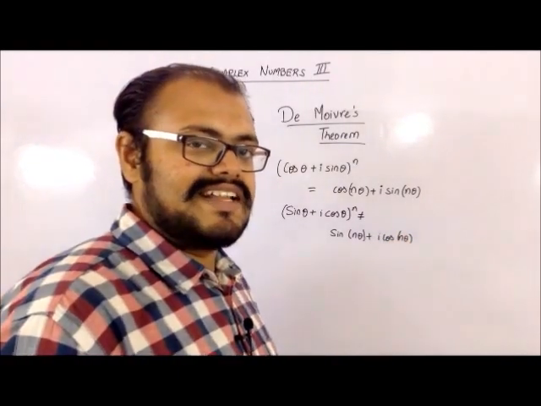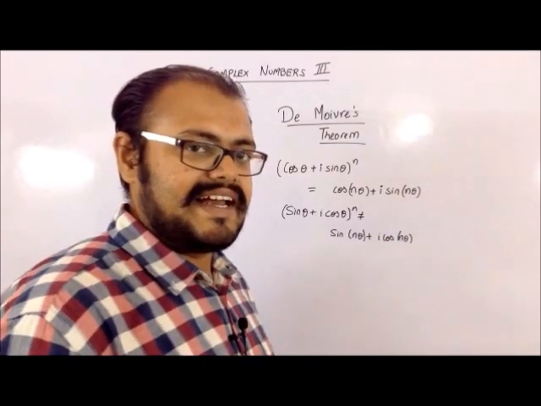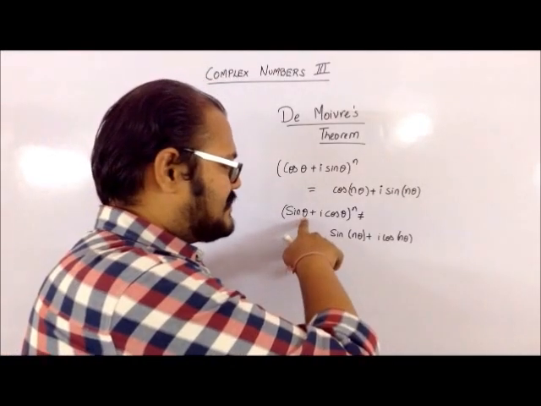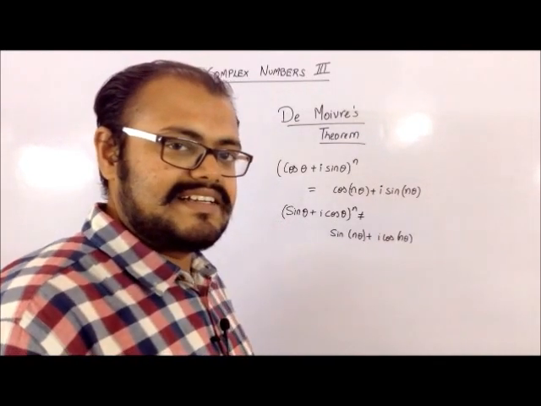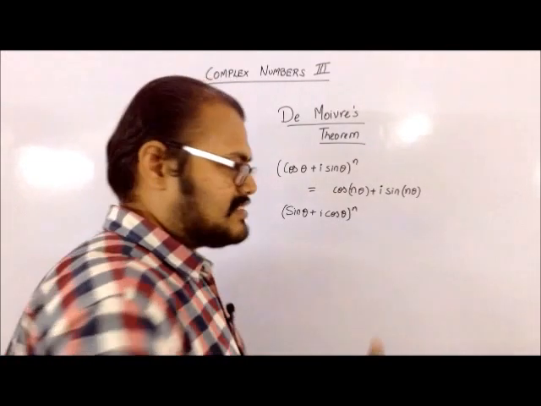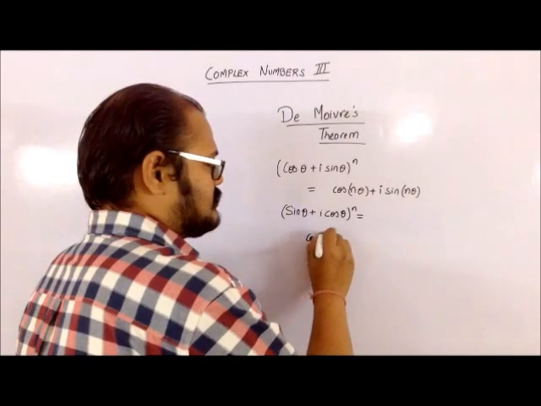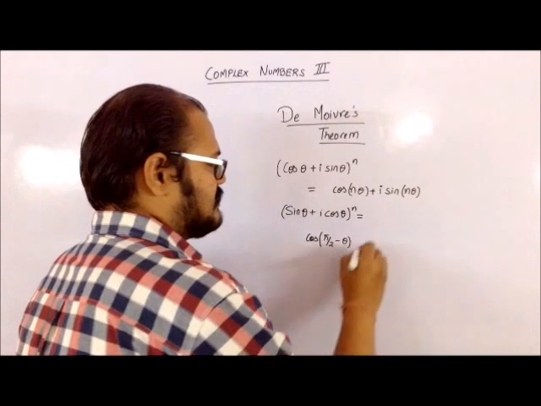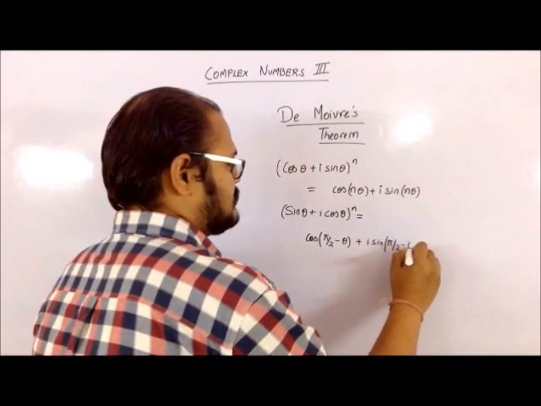Now if I want to still apply it, then what I have to do is take the allied angles of this sin and cos. So basically I have to change this theta to some angle such that it can be written in terms of cos. Now that can be done using this formula, which is if I write this sin theta as cos of (pi by 2 minus theta) plus i sin (pi by 2 minus theta).